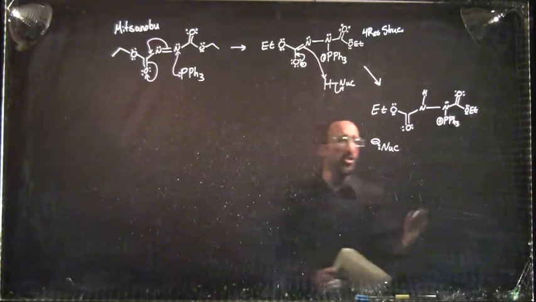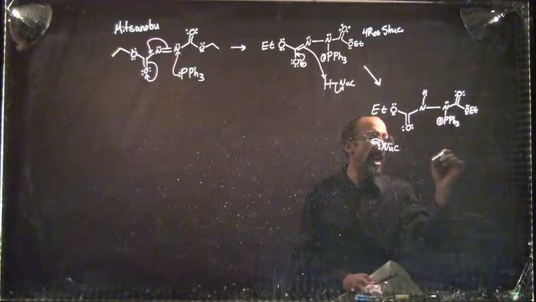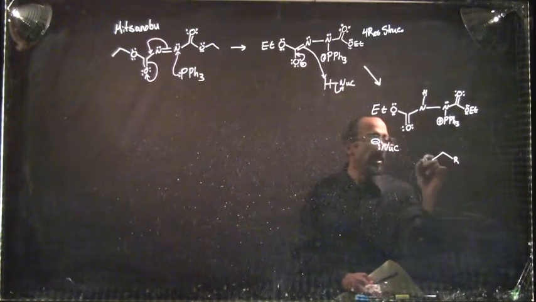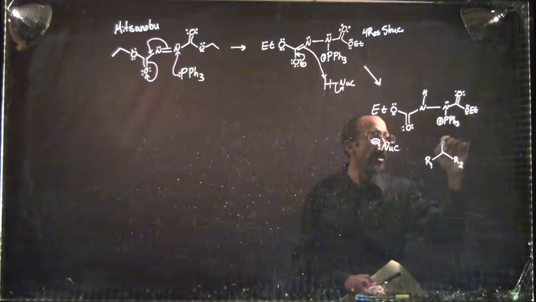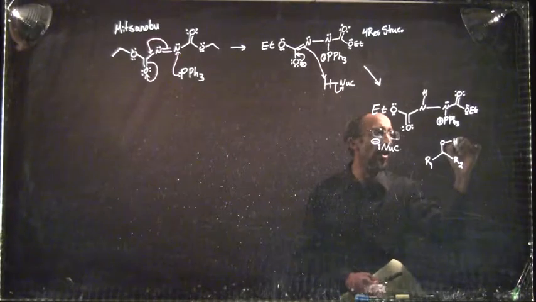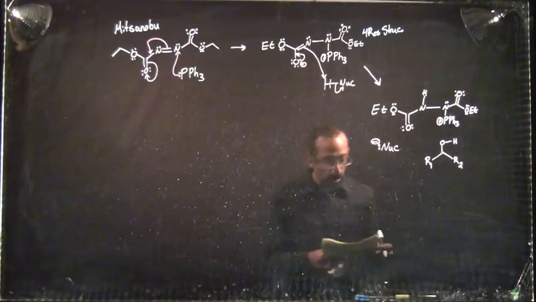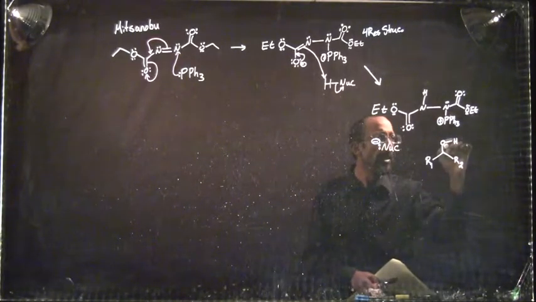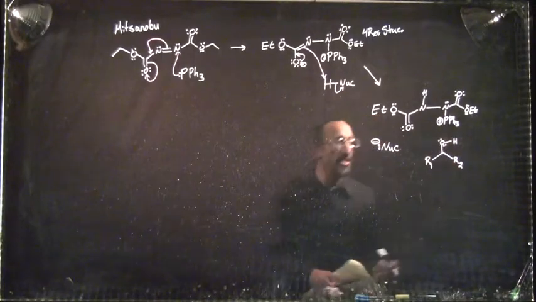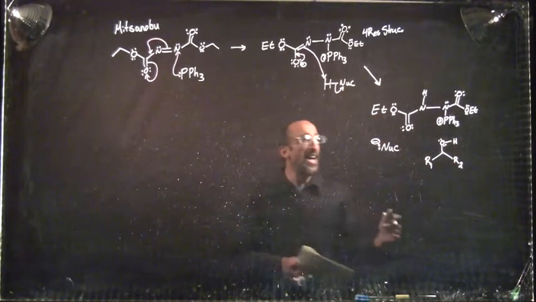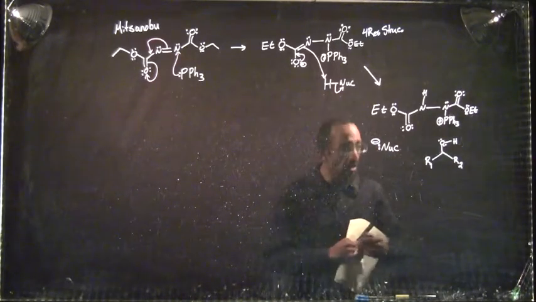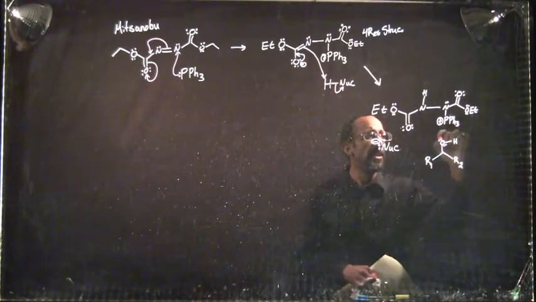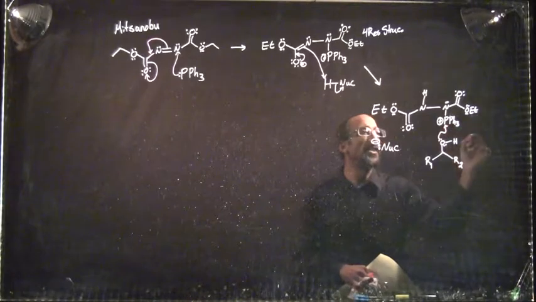At this stage, our primary or secondary alcohol can now participate in the reaction. Here I'm drawing a secondary alcohol. This could also be a primary alcohol. This oxygen is going to act as a nucleophile and attack into the phosphorus.